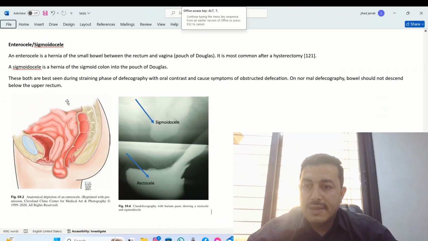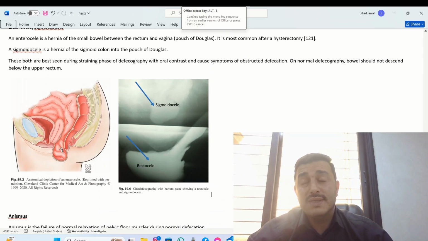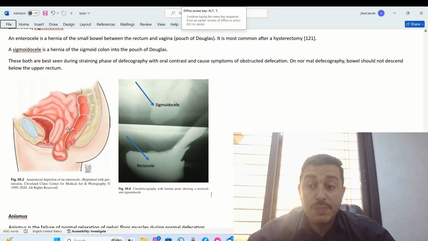Enterocele and sigmoidocele. This is how enterocele looks. Here we said that to do defecography, if we suspect enterocele, the patient should ingest contrast. You see that the small bowel is herniating into the space between the rectum and vagina. This is called the pouch of Douglas. This is how enterocele looks.